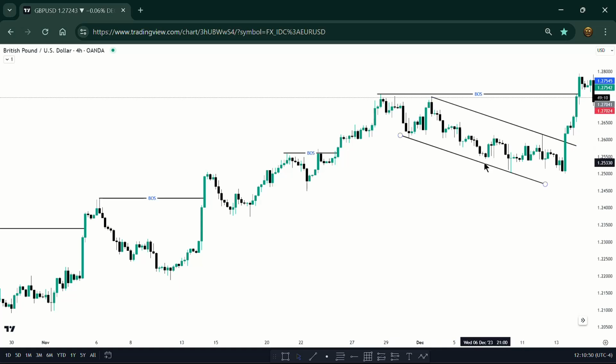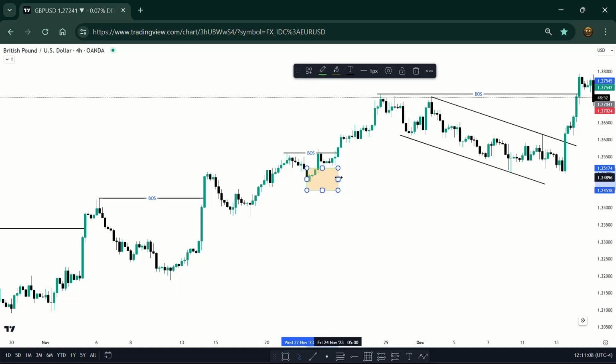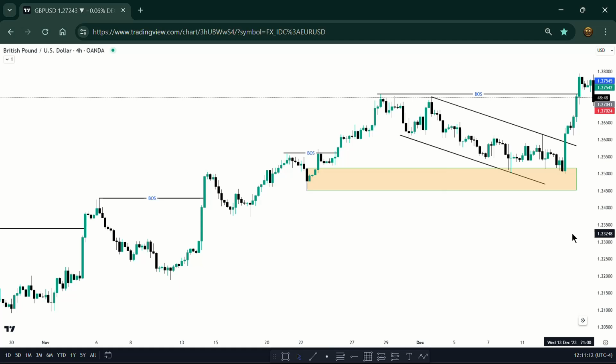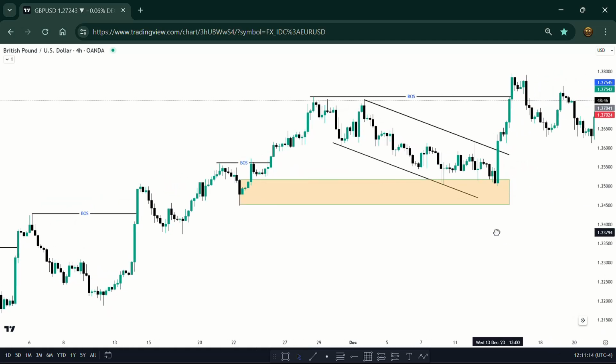Okay, so if you entered here, you can see there was a break of structure here. And then there's that order block there. You can see it. This one right here. This is what happens, guys. For some of us, when we enter a trade, we are not just entering.